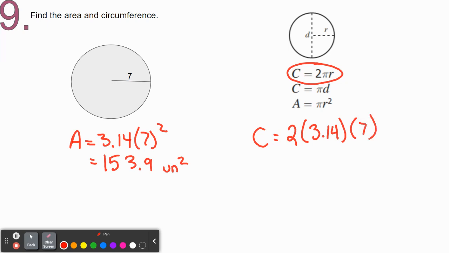And you can type that all into your Desmos, and you get 43.96, which if we round that up, that's about 44.0 units.